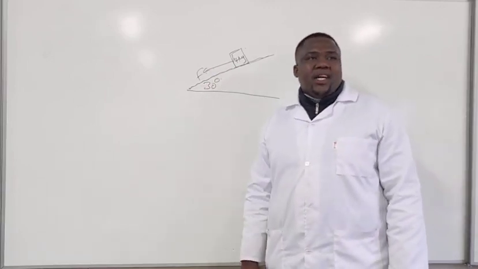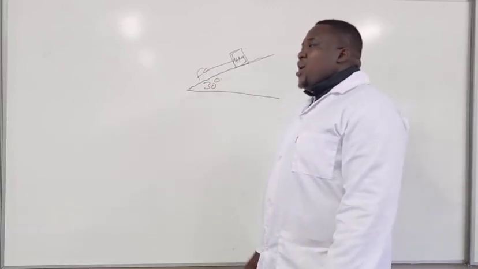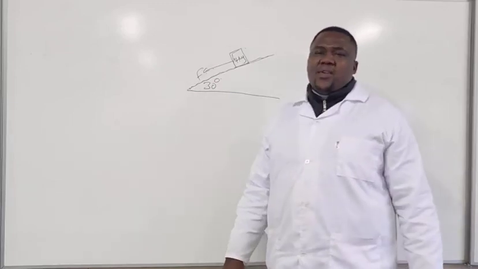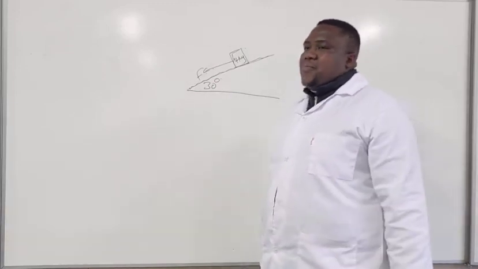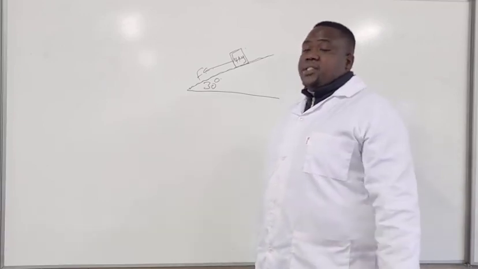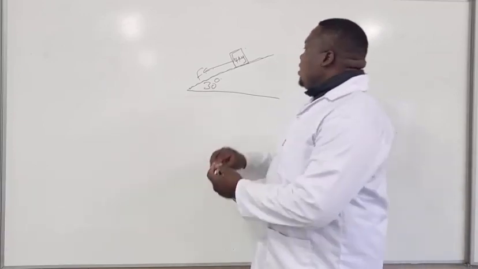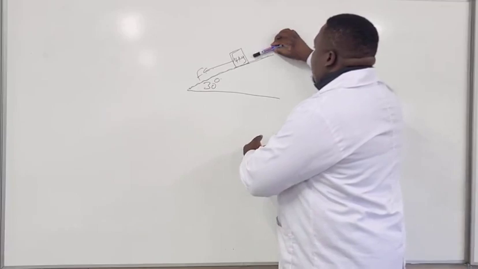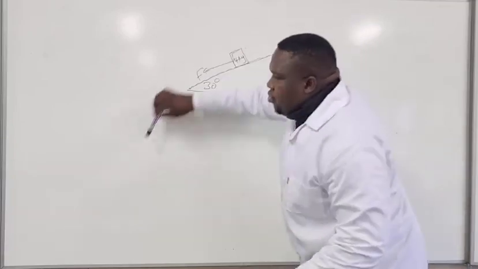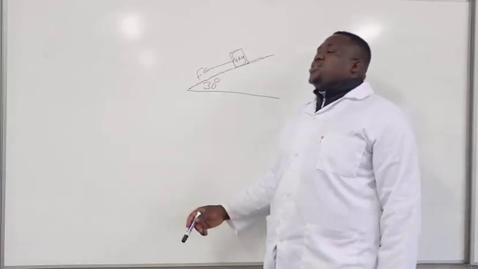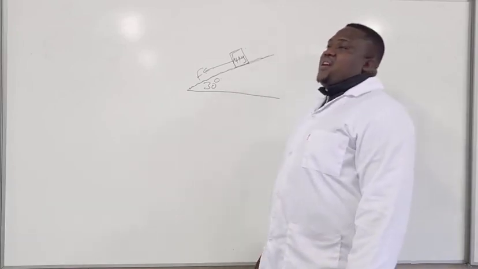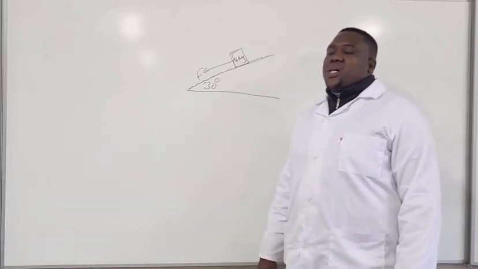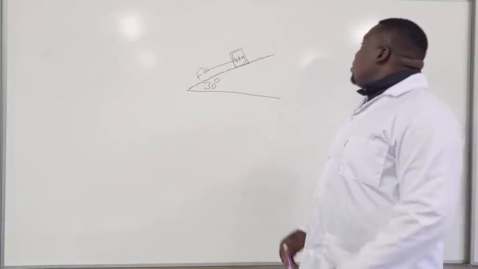But it does not mean that all the time when an object is moving down, there is a force that is applied. An object can be released. To release is to let it go here. Then when you let go, the object will move on its own. So sometimes it's possible that an object can move down without any force being applied. So you need to take note of that.